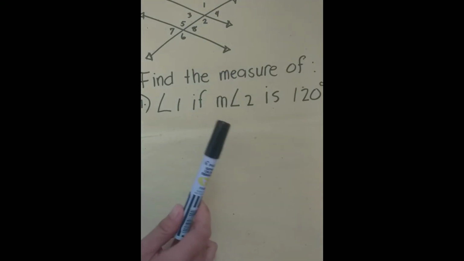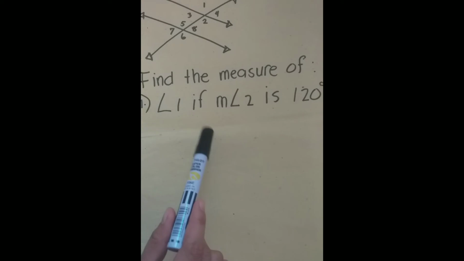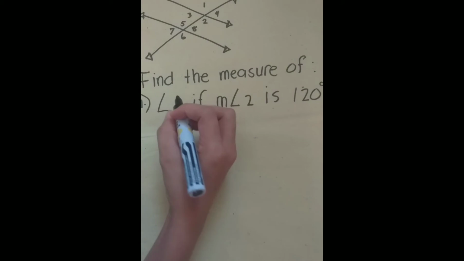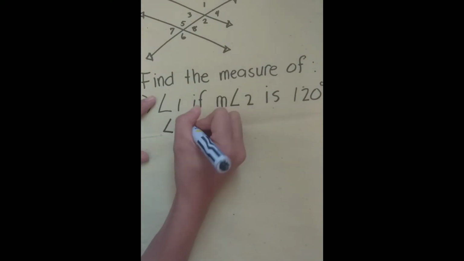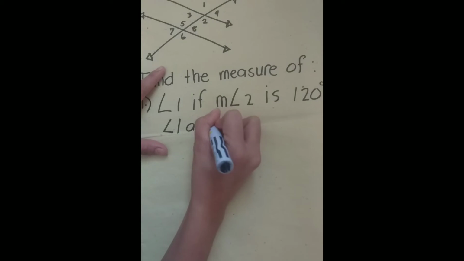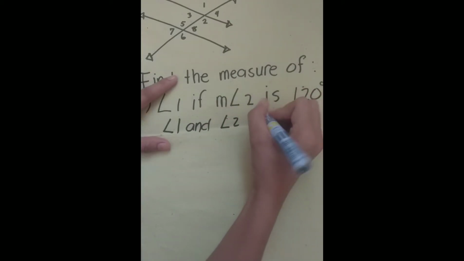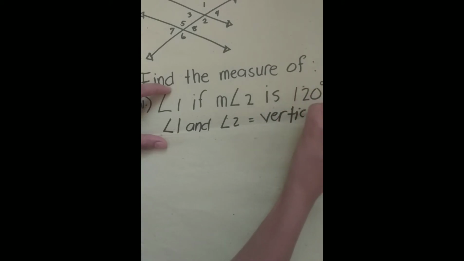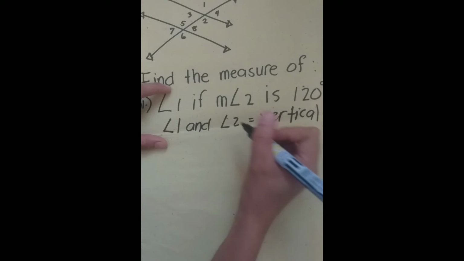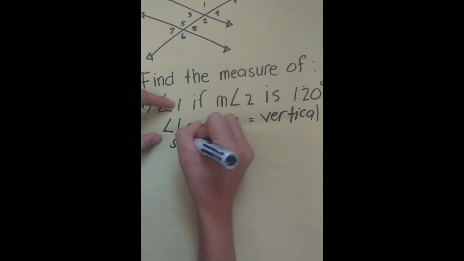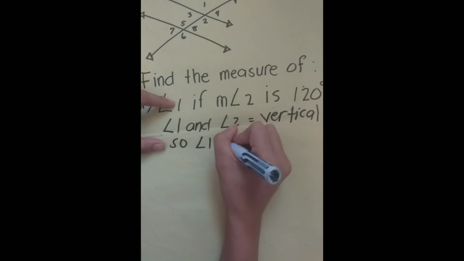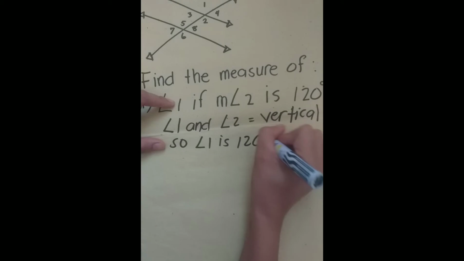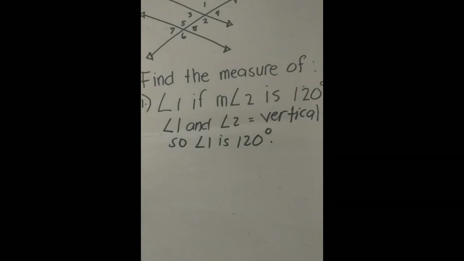Vertical angles are congruent angles, meaning the same measure. So angle 1 equals 120 degrees also.